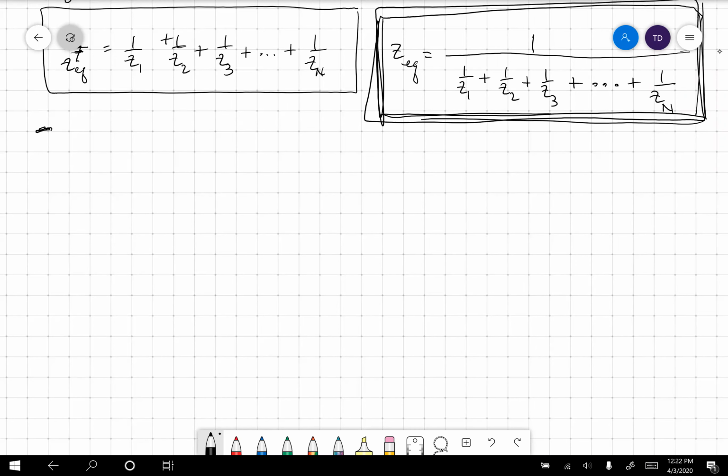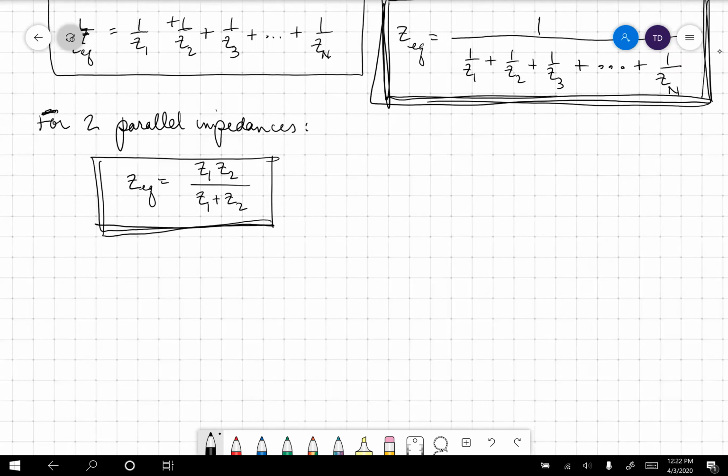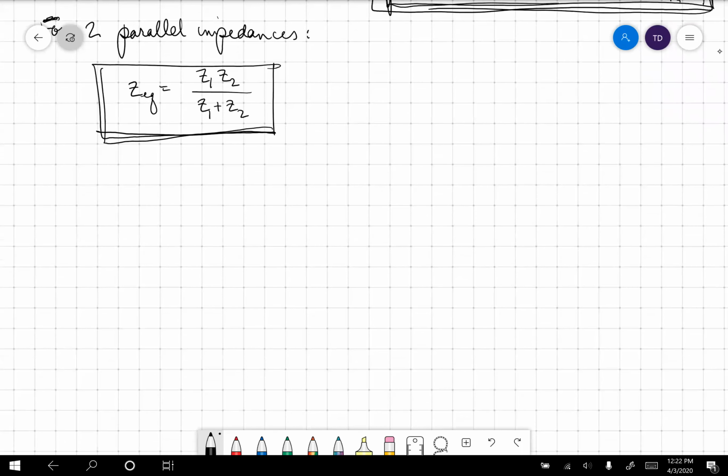So for two parallel impedances, we know Z equivalent is equal to the product over the sums. Everything is the same. There's one thing that's different, and I wish I could change it for you: these are complex numbers.